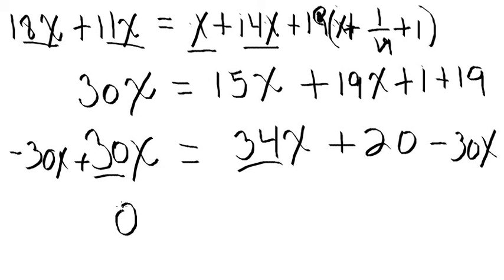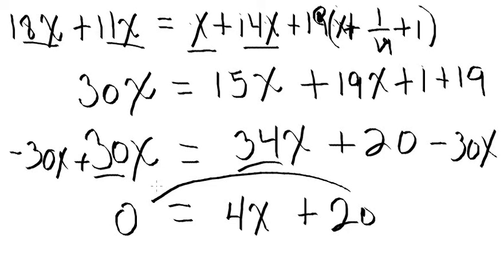So we're left with 0 is equal to 34x minus 30x is 4x plus 20. And then we'll take this 20 over to the left, and because it's positive, it makes it negative. Same thing as subtracting 20 from both sides.